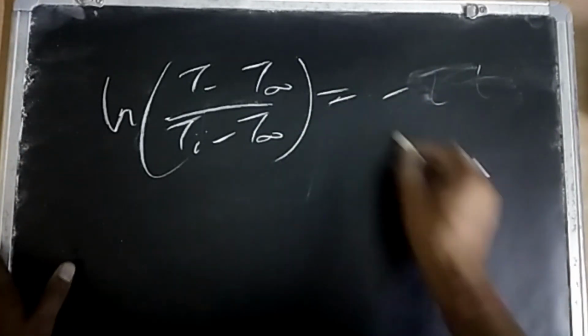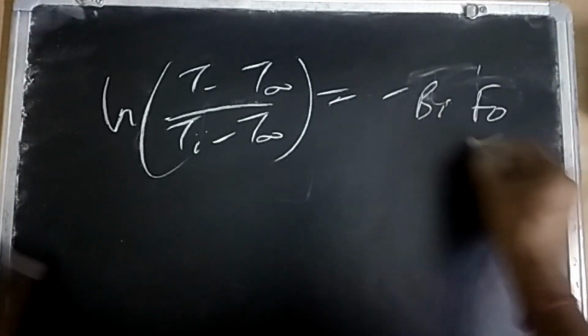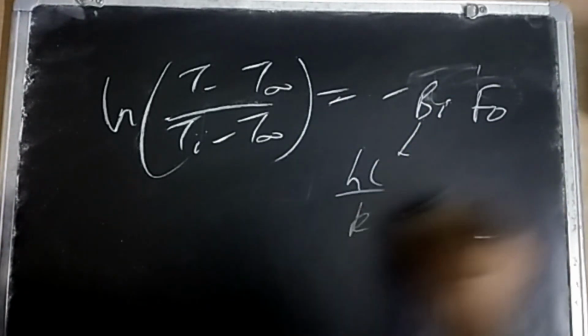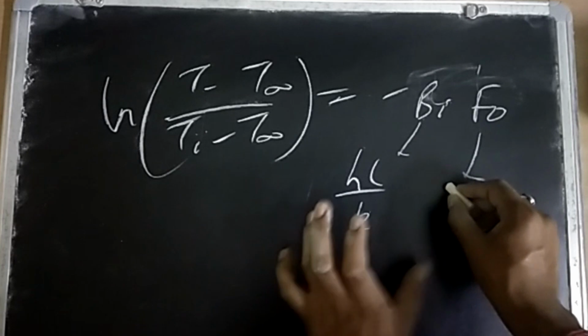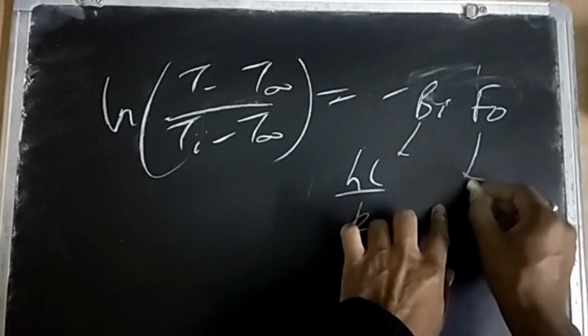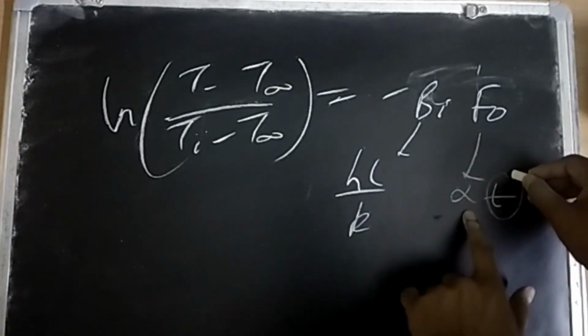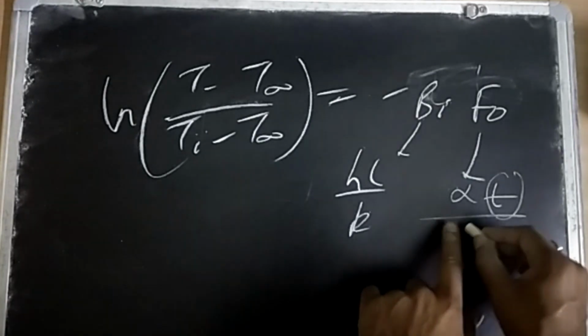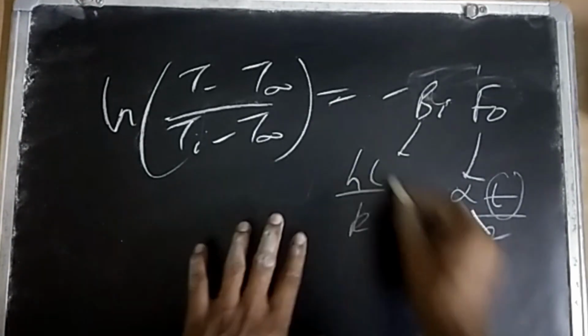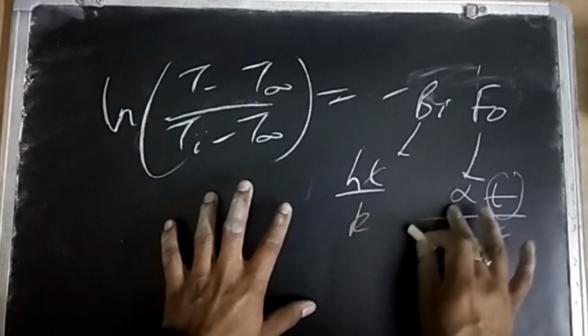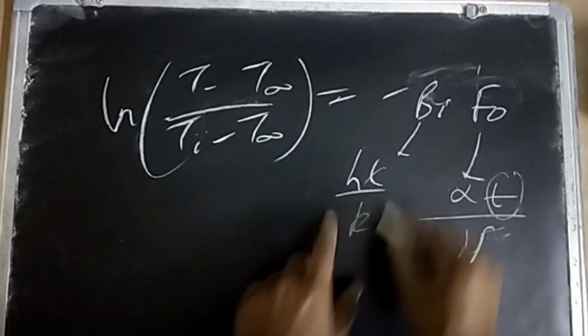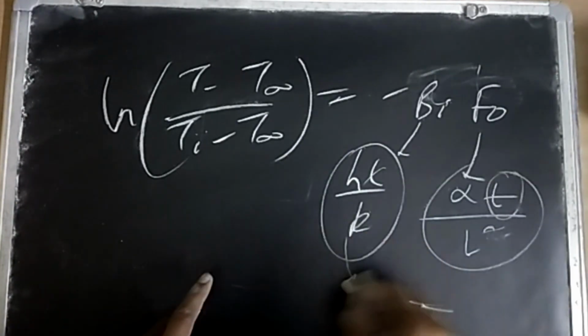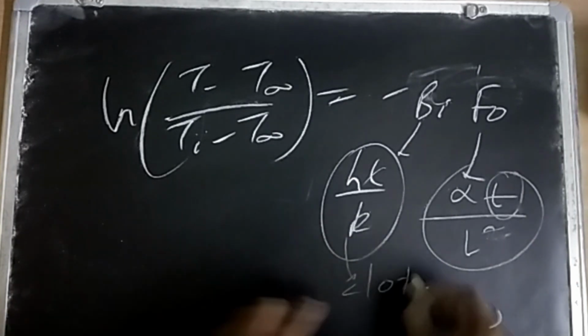Basically it's minus Biot into Fourier, where Biot is hL by k and Fourier is alpha t by L square. So L would cancel, and hL by k into alpha t by L square should be less than 10% or 0.1.